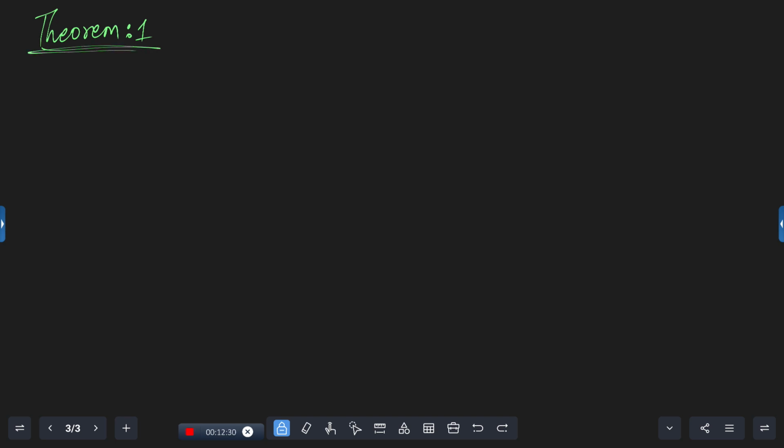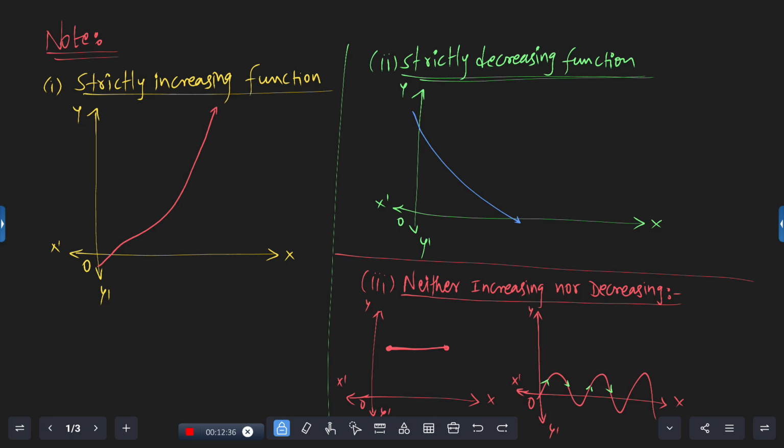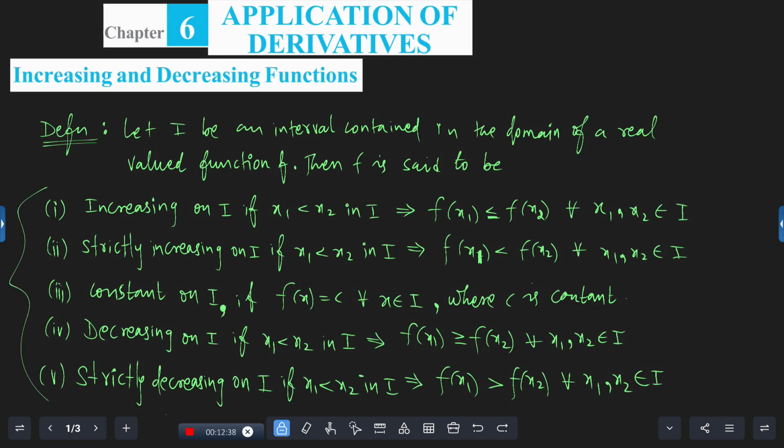Before going to theorem 1, I will give an example based on this theorem. Can I give one example? Only one example I will give. We will see the example based on the definition. So I will give example 7, example 7 in our textbook.